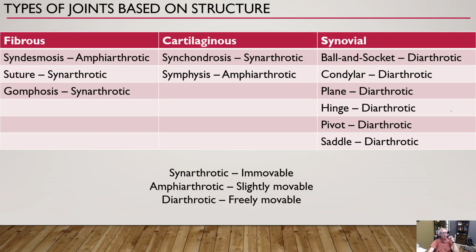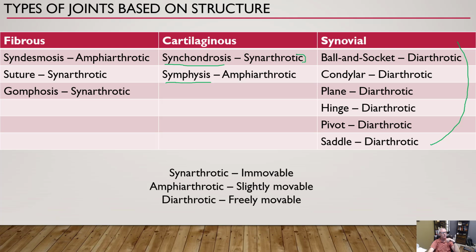All right, so I just put together a summary slide for you to go over the three different types of fibrous joints, the two different types of cartilaginous joints, and the synovial joints. So remember, all synovial joints are diarthrotic joints. You're going to have to know this slide inside and out. Cartilaginous joints can be either synchondrosis or symphysis joints.